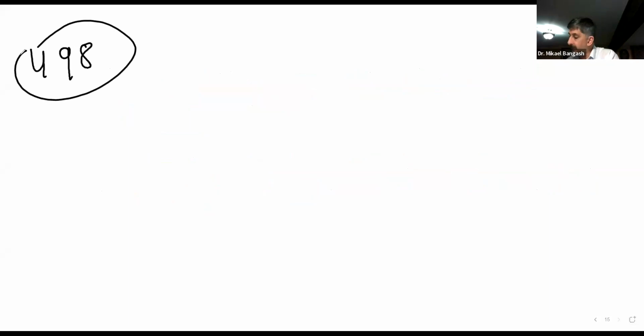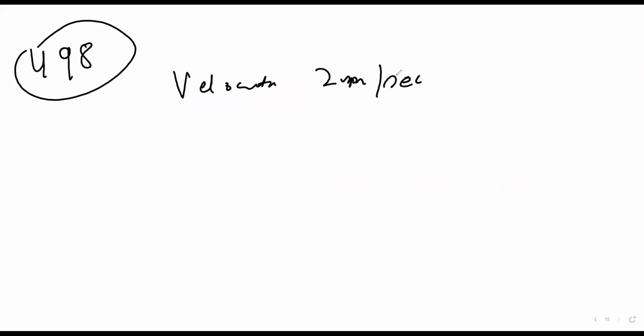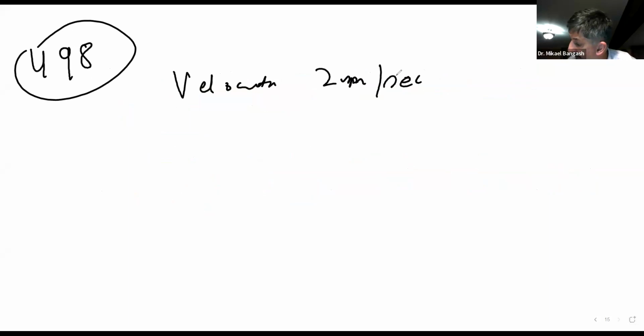Now, let's see if we can read this question together. Blood is moving at a velocity of 2 meters per second. So our velocity is 2 meters per second, right? Now it creates a Doppler shift of 3000 hertz.